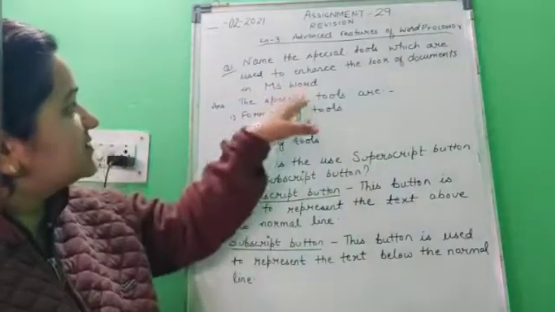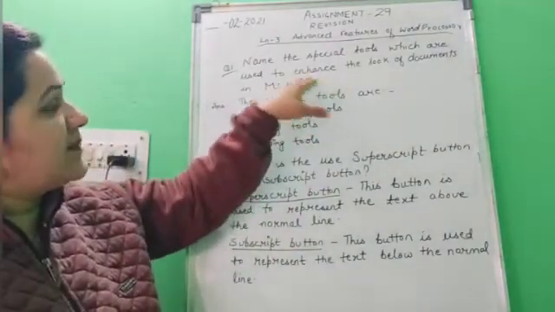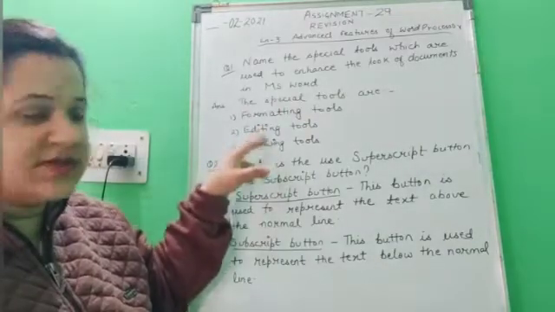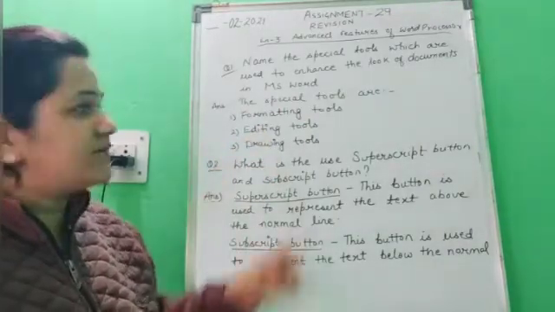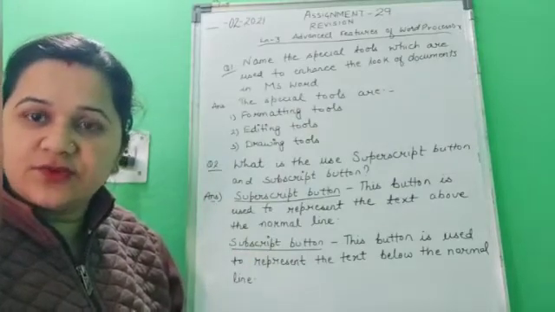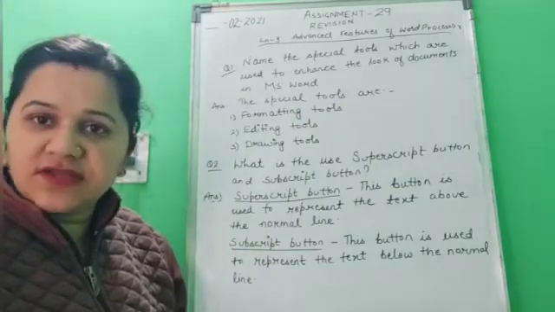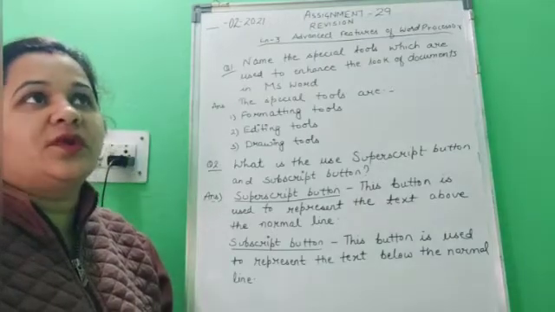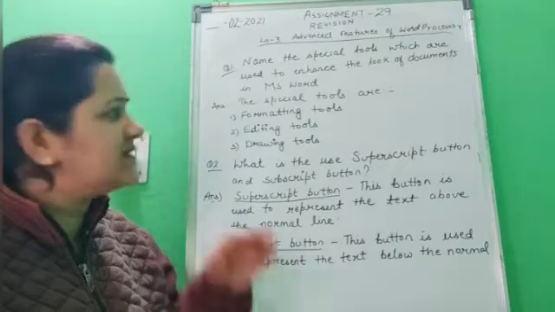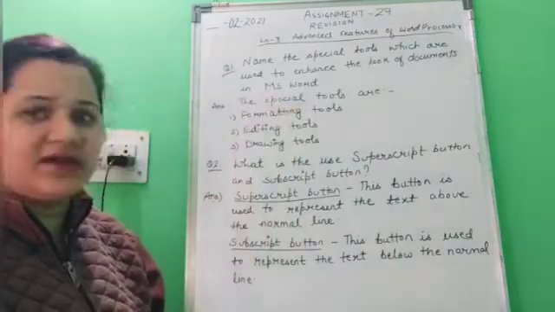document? So, the special tools which are used in MS Word are formatting tools, editing tools and drawing tools. Formatting tools: you can change the color of the text, you can change the size of the text. Also you can make it underlined, bold, or italic. These things come under formatting tools.